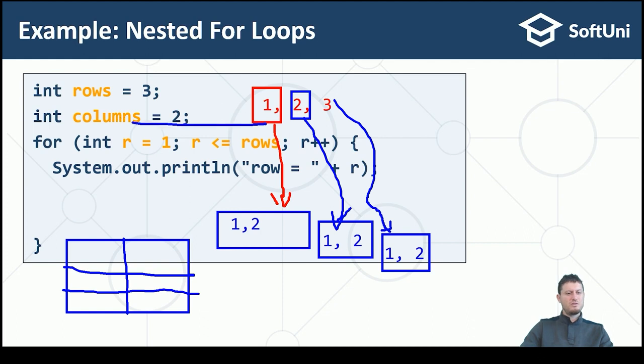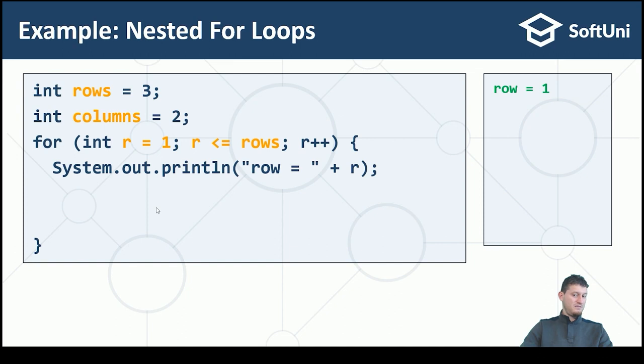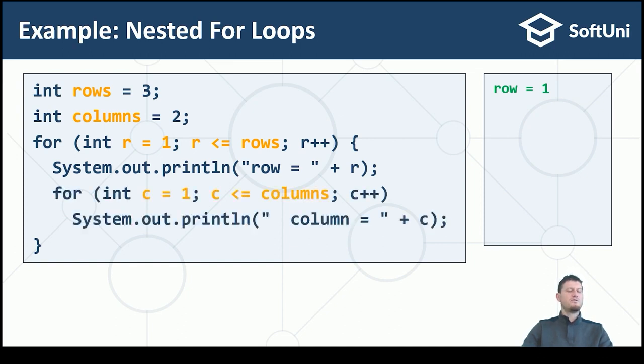Okay, so here I will print the row number, and then I will iterate from 1 to the number of columns and will print the columns with a leading space here. And this will print this.